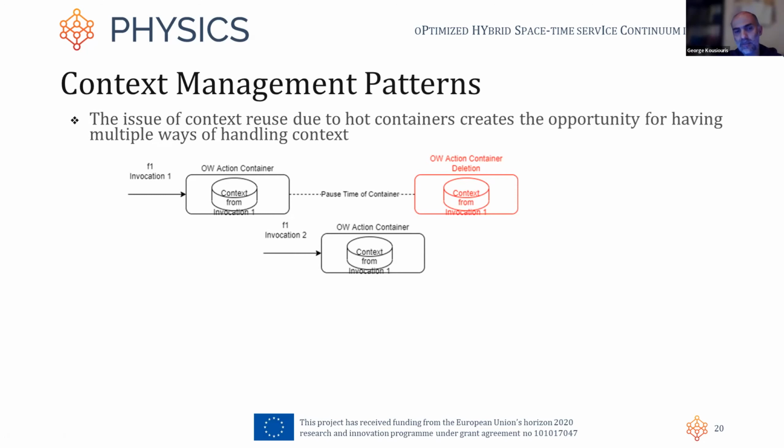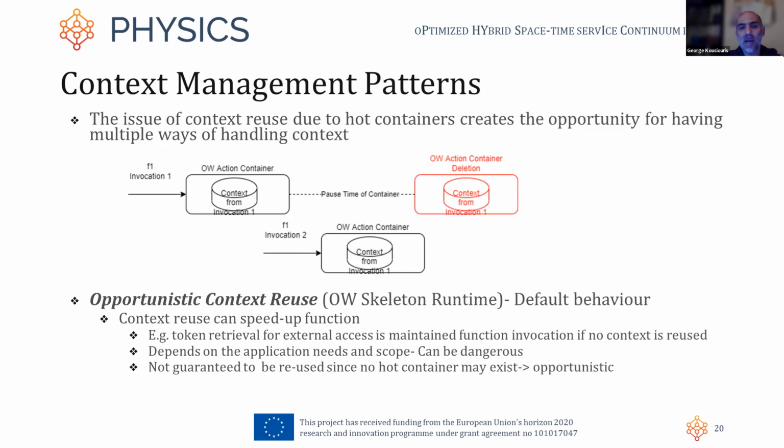However, what you gain is that if you need, for example, a token to access an external service and you have retrieved it in the first execution, you don't need to retrieve it again.